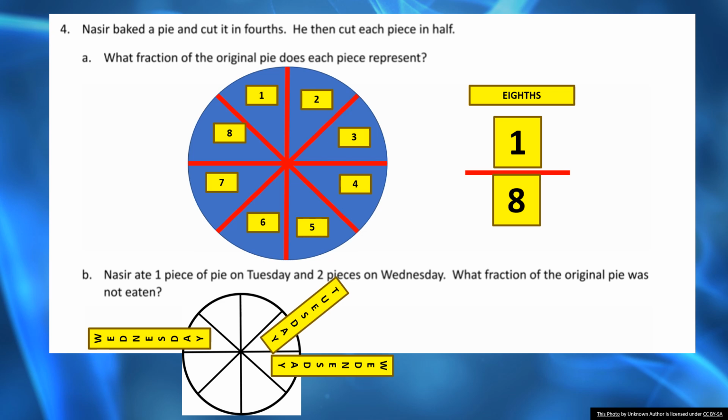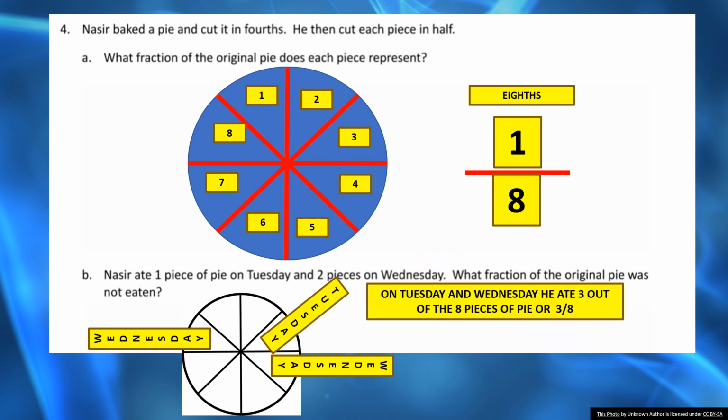So we need to know what fraction was eaten and what fraction was not eaten. Okay, so if he ate 1 piece on Tuesday and 2 on Wednesday, that's 3 pieces. So he ate 3 pieces. On Tuesday and Wednesday, he ate 3 out of the 8 pieces of pie, or 3/8.